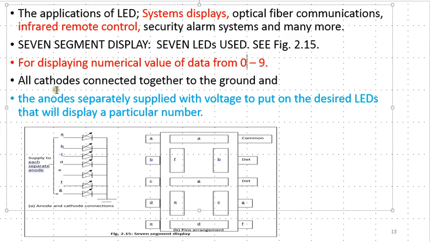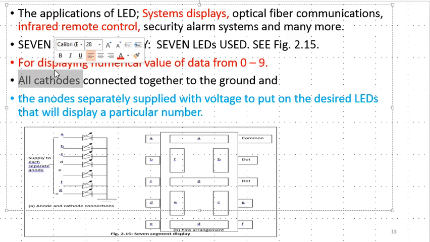What we mean by common cathode is that all the cathodes are connected together, and the anodes are excited in such a way that whenever you apply a current or a voltage to the anode of any of the diodes, it will bring a light.